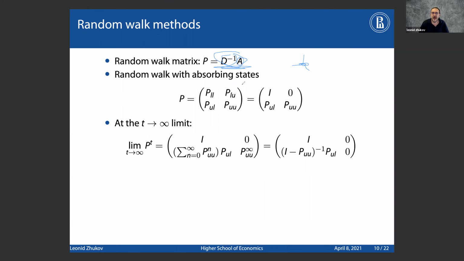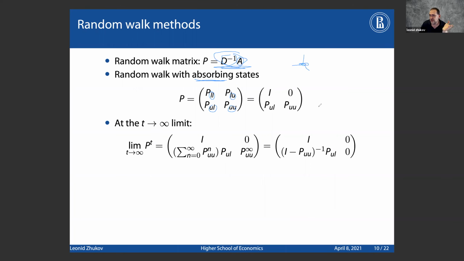Okay. Now, when we consider a random walk with absorbing states, there are really 4 different submatrices you can think of. You can go from labeled node to labeled node, from labeled to unlabeled, from unlabeled to unlabeled, and from unlabeled to labeled.